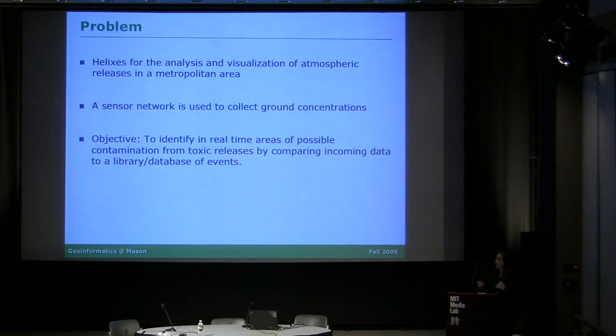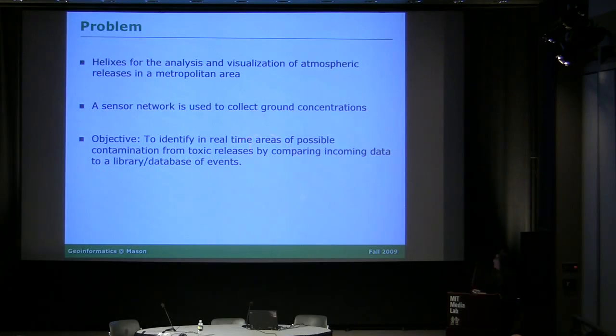I'm not saying before toxic gases are released, because we don't know that. But after toxic gases are released and before they reach certain areas where contamination can occur, can we stop it? So our objective is to identify in real time potential contamination areas.